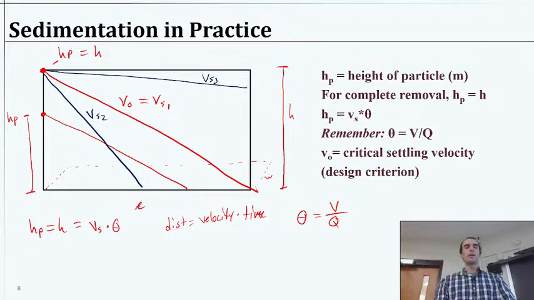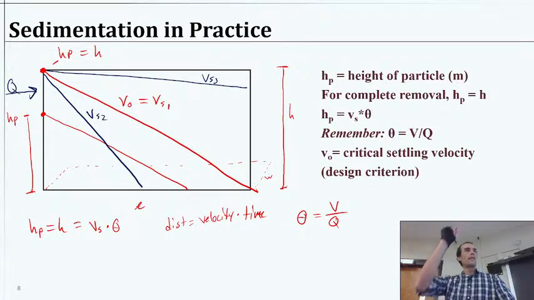This Vs3 here, clearly those particles aren't getting removed. They're not traveling downwards fast enough before the water leaves. The water, again, is flowing in this direction. So, as the particles are going, we will define a critical settling velocity based on the design of the reactor itself, and we'll compare that often to the particular settling velocity that we might have.